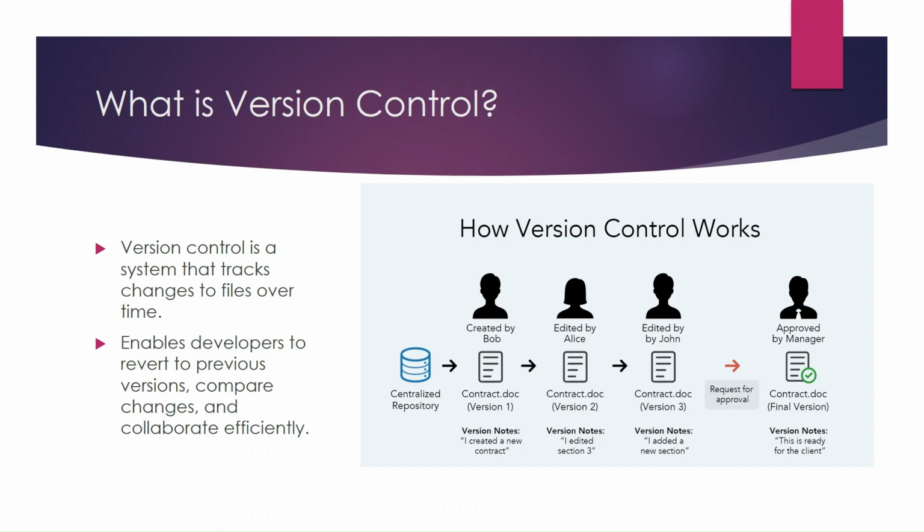Sometimes, after a few changes of the file or the document, you may want to go back to the previous changes and you may not be sure how far to go back. In this case, if you have version control, you can just go back to the previous version of the file, which may be the stable version, and you can start using it.